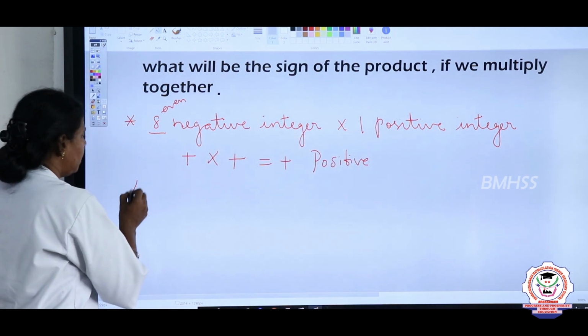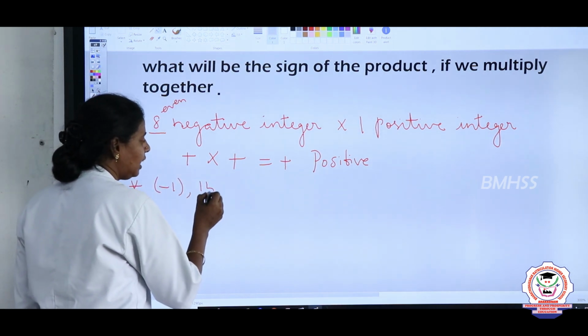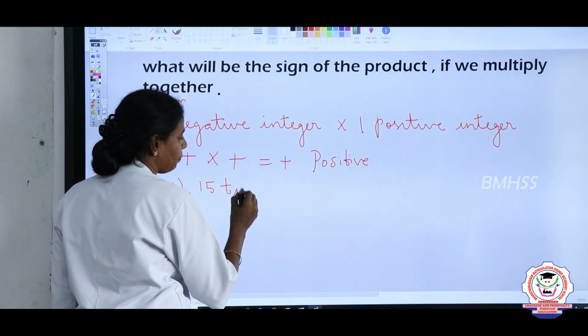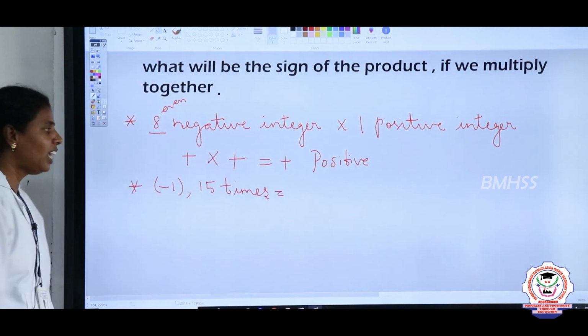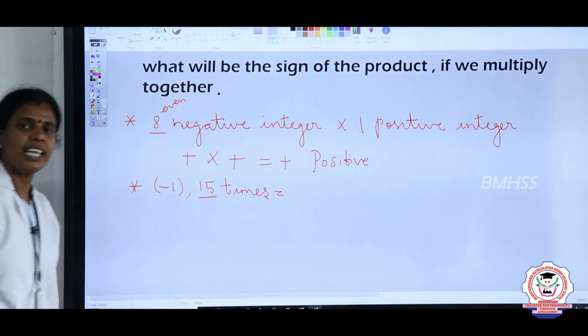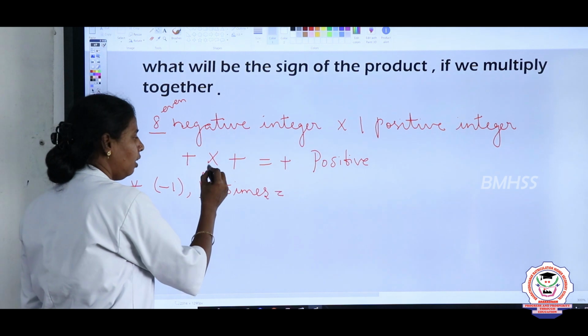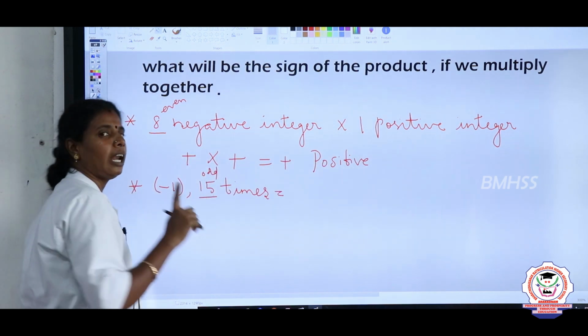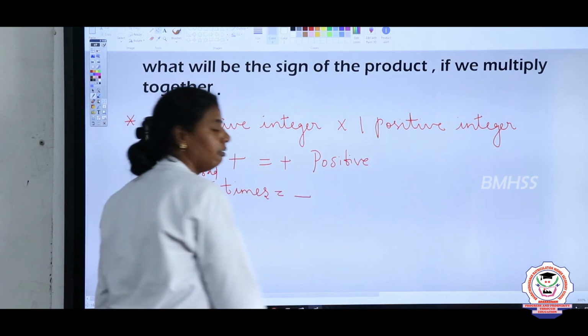And one more example is, see, minus 1 multiplied 15 times. So 15 is what number? Whether 15 is an even or odd number? 15 is an odd number. So when the negative sign repeats 15 times, our answer will be negative.